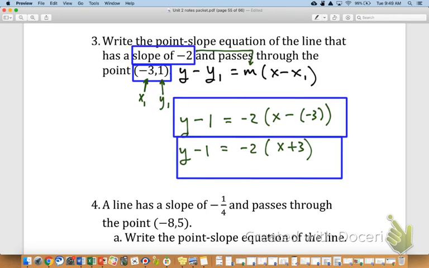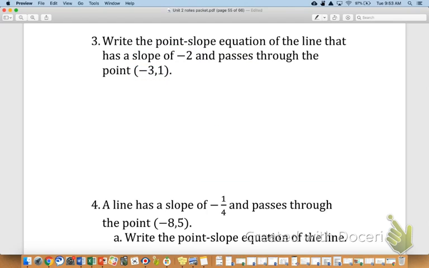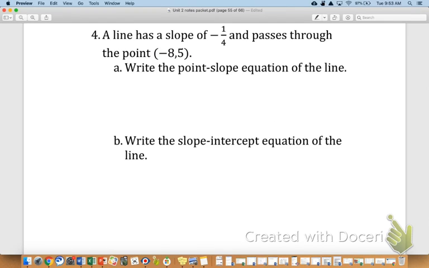Here's one last chance for you guys to see if you can do a little better. Look at number 4 and try that. A is really just like what we did in 3.